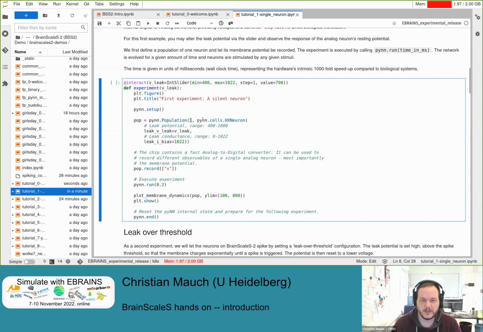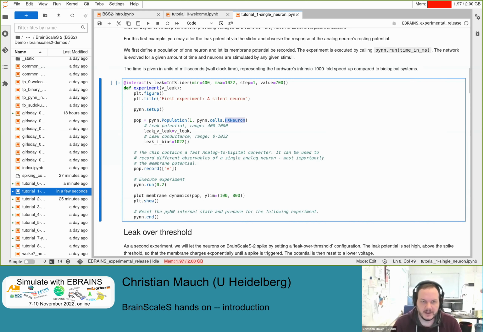In this case, we just define one. PyNN normally provides a set of different neuron classes, like leaky integrate-and-fire neurons. Yet until now, we don't support these intrinsic neuron models, but have a rather specialized neuron, which is just a one-to-one representation of all the parameters that the physical neuron on our chip has.